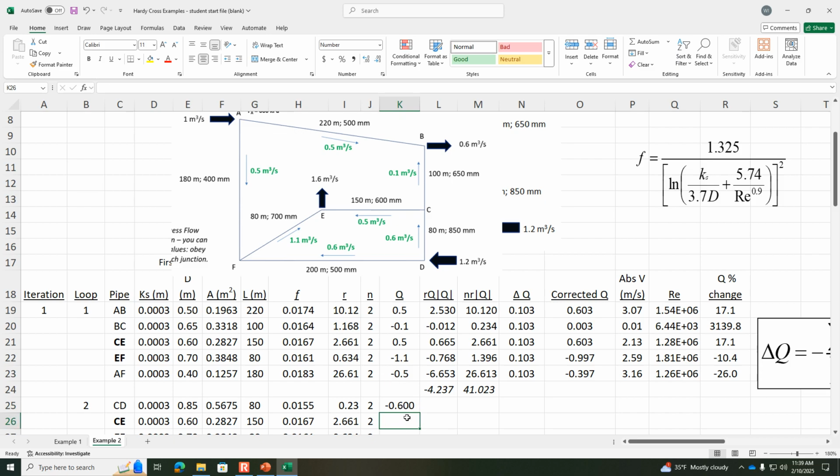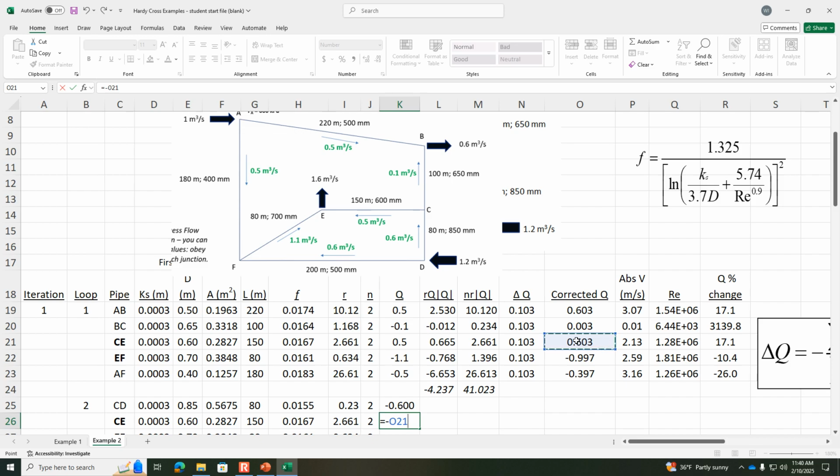All right, what about the flow rate for CE? Now this is where it's bold and I have to pay special attention. For CE, my original guess was negative 0.5 cubic meters per second, but I've already updated that with a better guess of the flow rate because I have this corrected Q from loop 1. But loop 1 has a different perspective in terms of what's clockwise and what's counterclockwise. So here I need to say equals minus that corrected Q from the other loop.